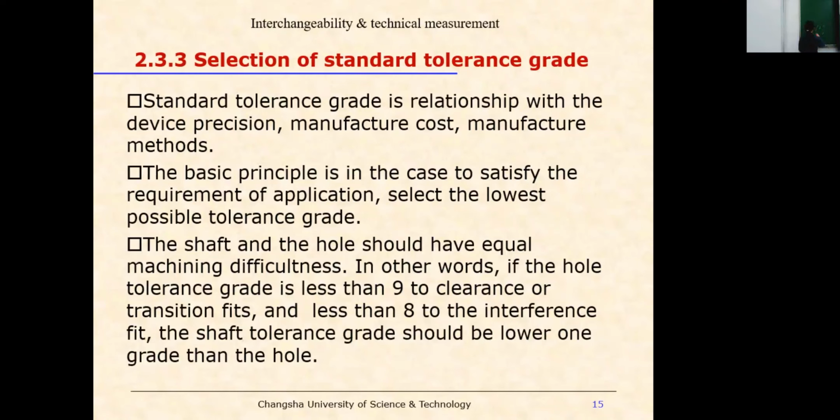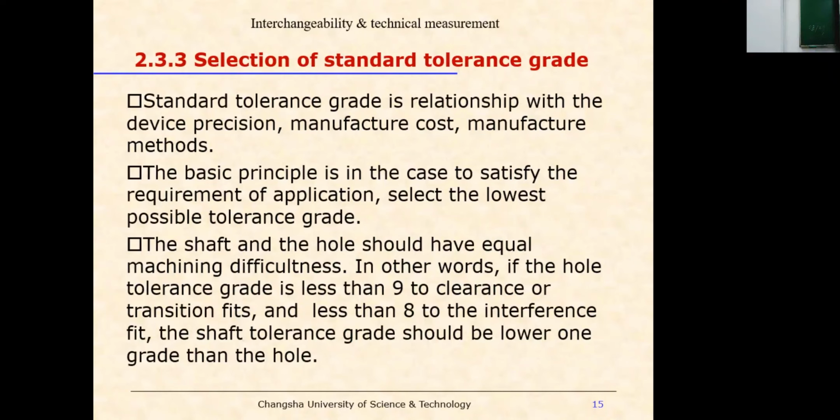So for the hole, we choose 8, the tolerance grade is 8, and the shaft is 7. They have the same machining difficulties. Generally, it's hard to machine a hole compared to a shaft.